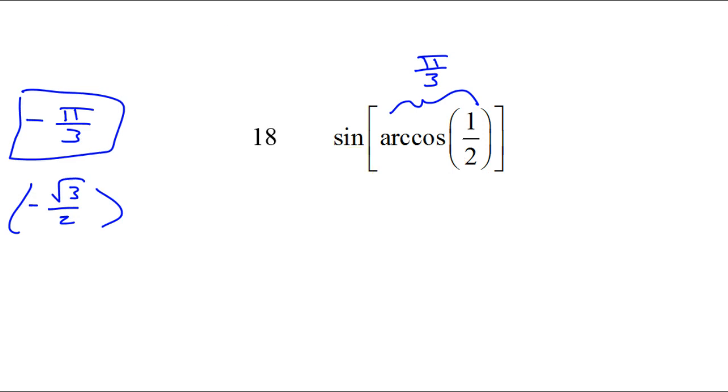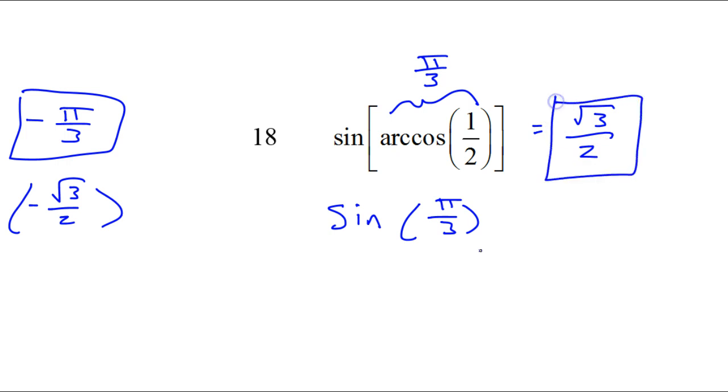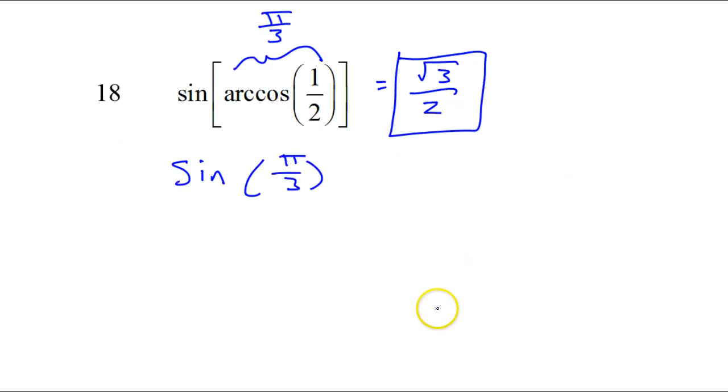So that brings us to the outer function, the sine of pi over 3. We've memorized that this is radical 3 over 2. So nothing fancy there, that's just plain the answer.